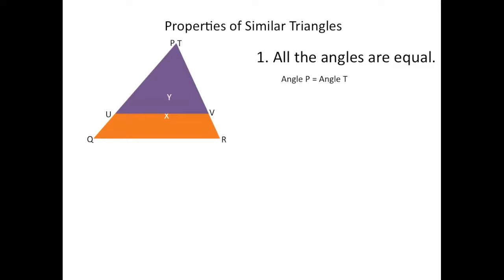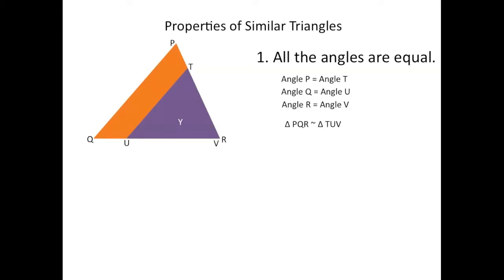Next, let's try Q and U. Again, they fall on top of each other perfectly, meaning that they're equal. And lastly, we're left with angle V and angle R. And of course, they fell on top of each other, showing that all three angles in both these triangles are equal. So we can write out that triangle PQR is similar to triangle TUV.